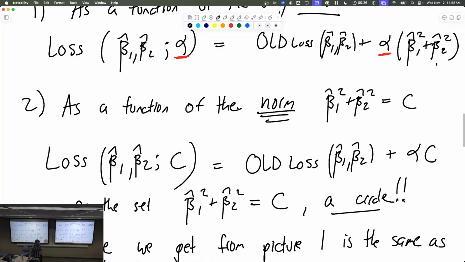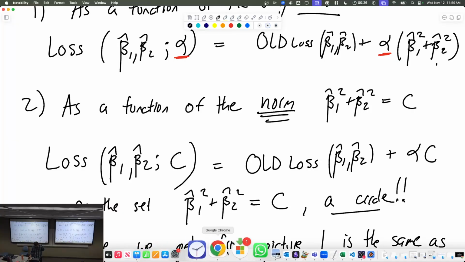In other words, instead of thinking of alpha getting stronger and stronger, and that causes the beta hats to get closer and closer to 0, you can explicitly think of the size of the coefficients and then vary that, and then that will shrink towards 0. Okay, so there you go.